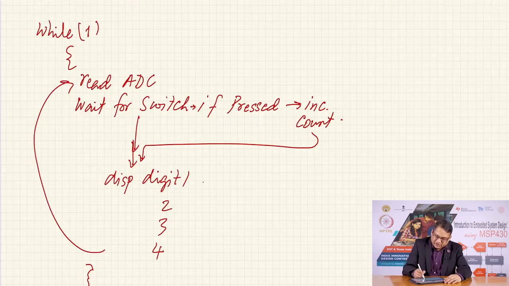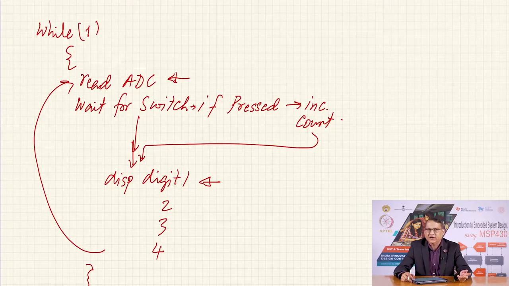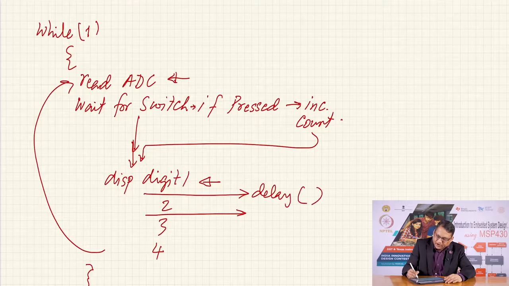The time for which each digit is on will be determined by the ADC value. And so, suppose the ADC value resulted in 1 millisecond. Of course, I need to add here a delay appropriate to the value of the ADC count.